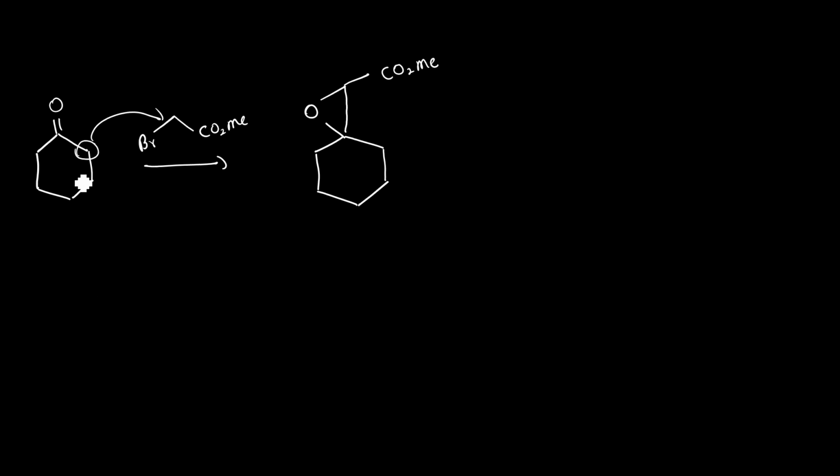Now instead of directly putting these two together, we can do something like this. Here we have our compound. First, I'm going to introduce a protecting agent, this one. So what will happen here?